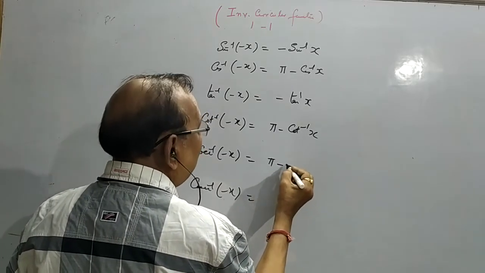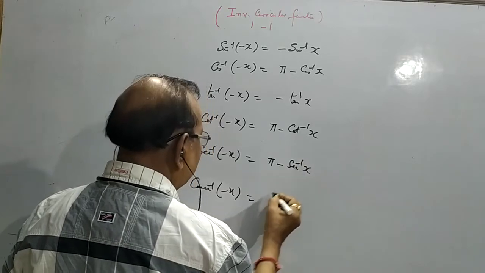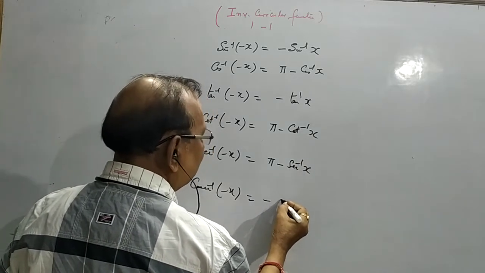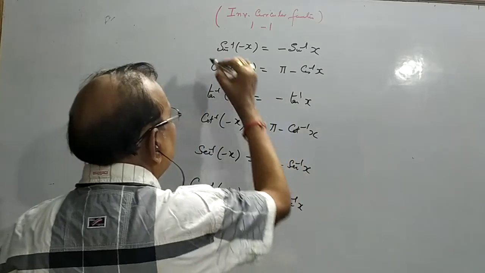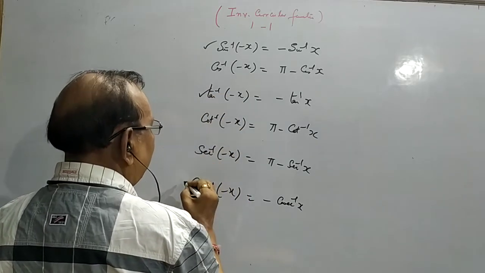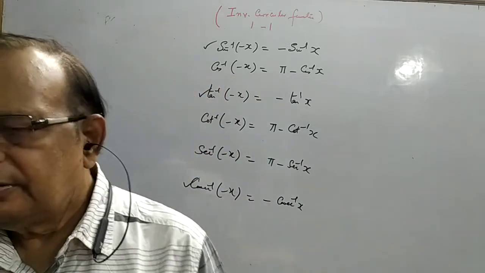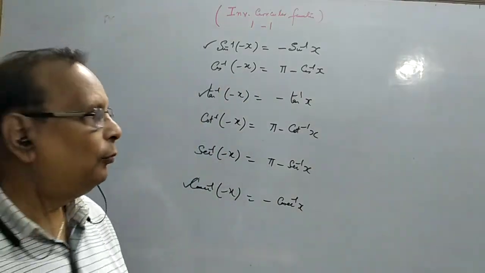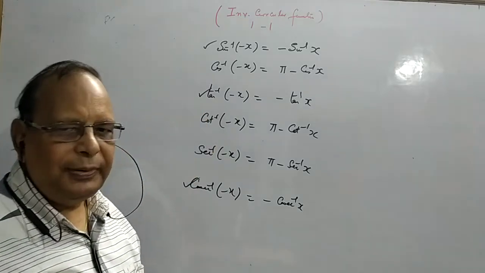Here pi will also be added, pi minus sec inverse x, or here only minus into cos inverse x. This one, and this one, there is only minus sign will be there, and for remaining pi will be added.